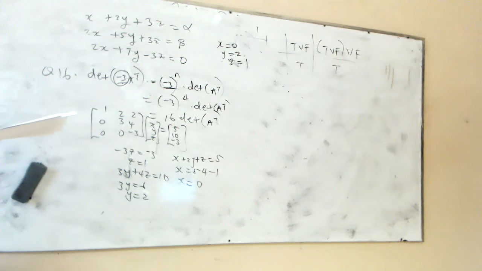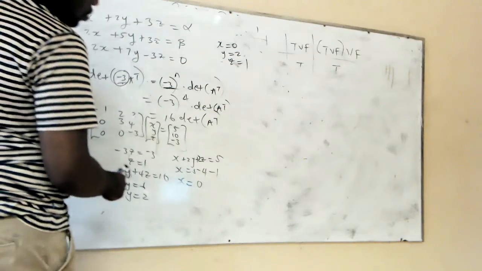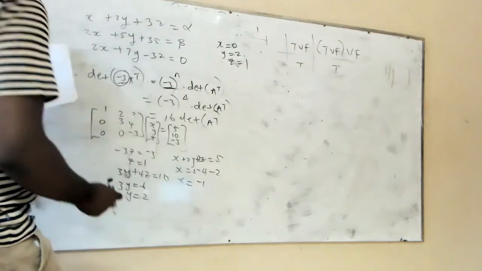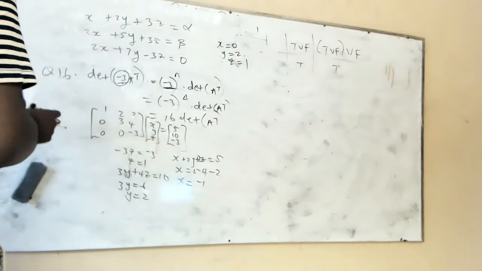I said x is equal to 0. It must be equal to -1. Let's check how come. Okay, I left 2 in. You see, is this the 2 that we have there? So here it must be 2, so that it must be -1. Then option number 5 must be the one that we're looking for.